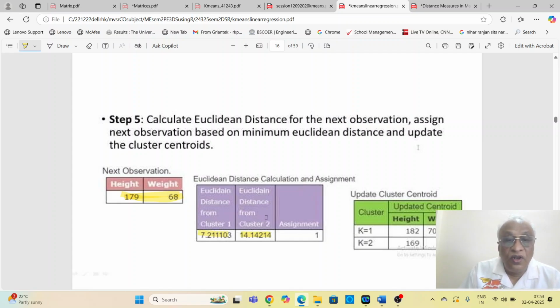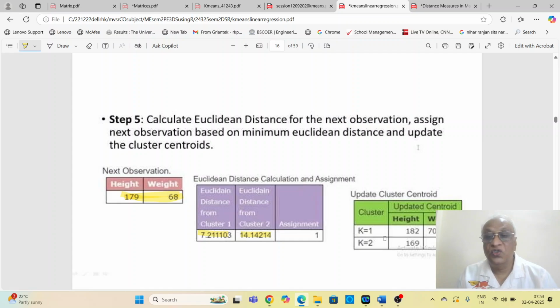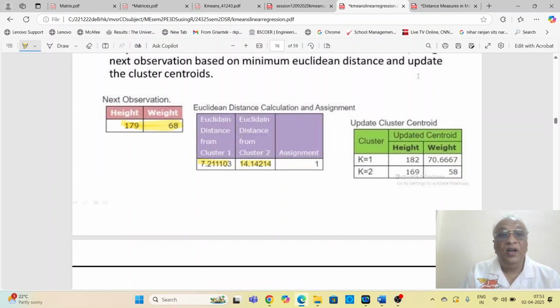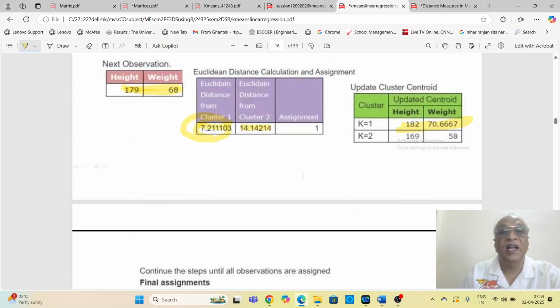But now with cluster K2, the revised centroid values are 169 and 58. Now you can see here the lower distance is to cluster K1. So it means the centroid has to be revised. How am I going to revise the centroid? By taking the average of this with 179 and 68, which is coming to be 182 and 70.6667.